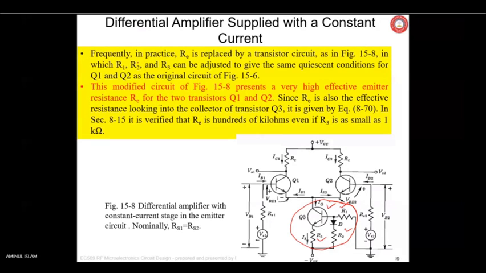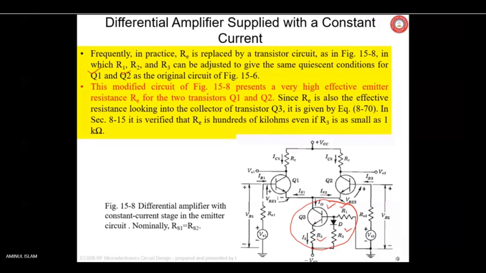So what is written here? Let us see. Figuratively, in place of RE, this whole circuit is used, in which R1, R2, R3 can be adjusted to give the same conditions for Q1 and Q2, as was given earlier in figure 15-6.